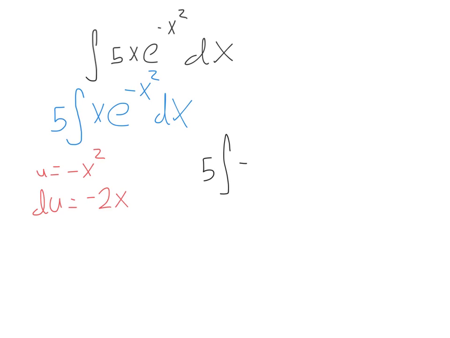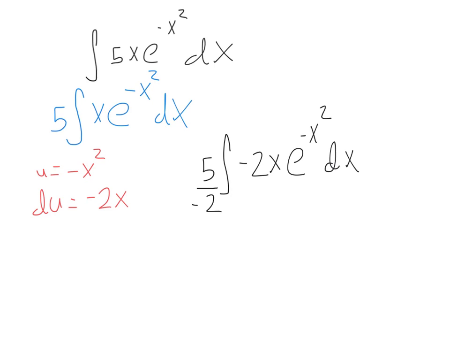Now, if I were to just write this negative 2, that's fun looking, but I can't just write a random number. That's against the rules. So how can I balance it? Well, if I'm going to multiply a number in, I can balance that by dividing a number out. Okay? So let's look at this now.